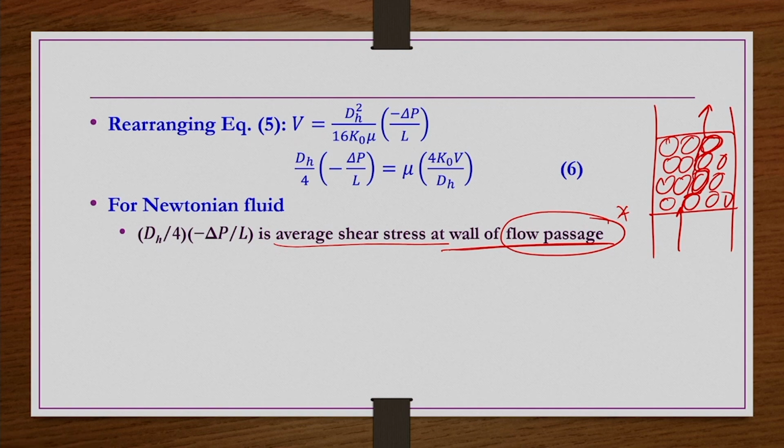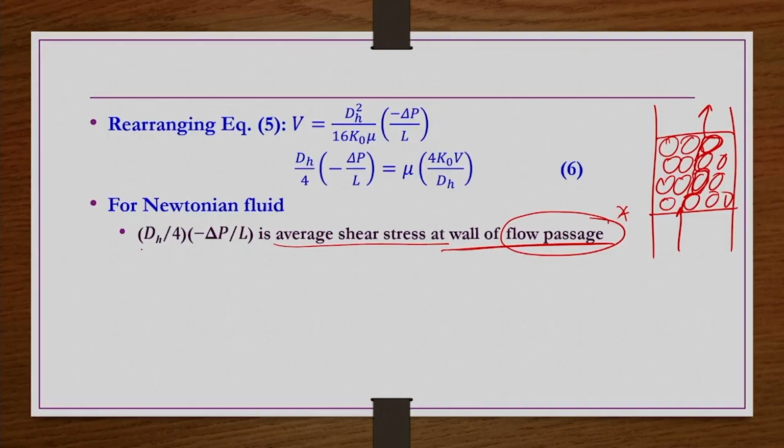It is similar to the tau Rz that we got, minus delta P by L times R by 2, for the case of circular conduit. So, analogous to that one, this we can write as the average wall shear stress, right. And then the right-hand side, whatever is there. Mu is viscosity, and shear stress equals viscosity multiplied by the shear rate.